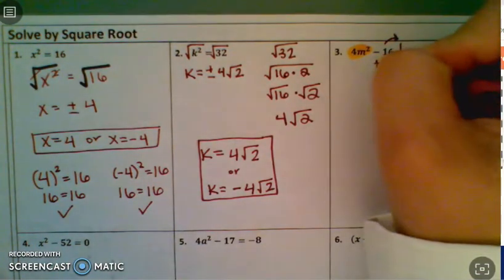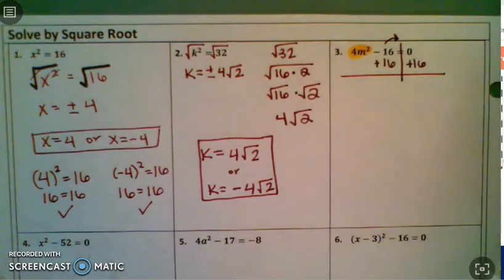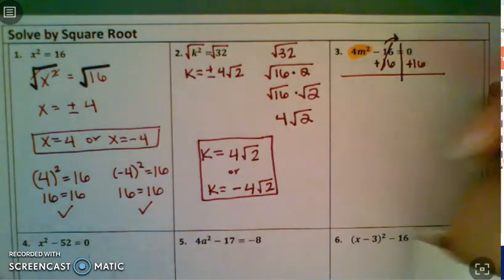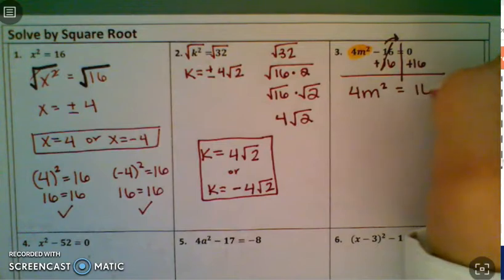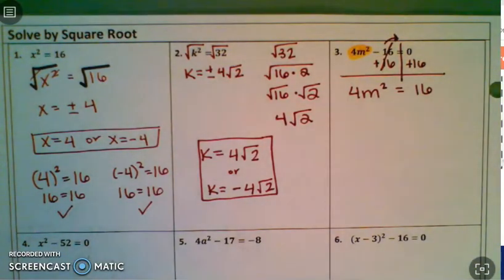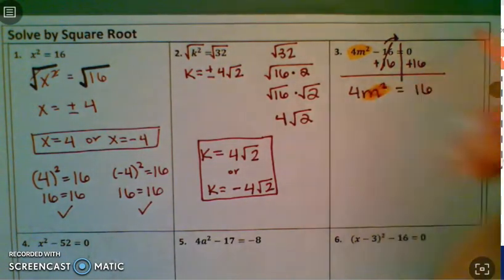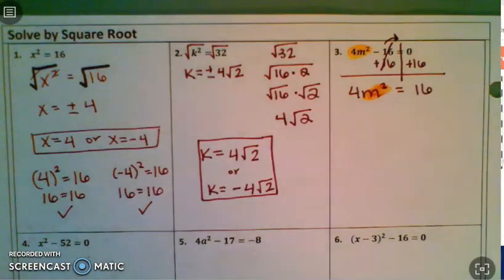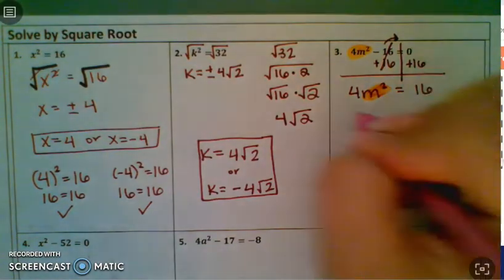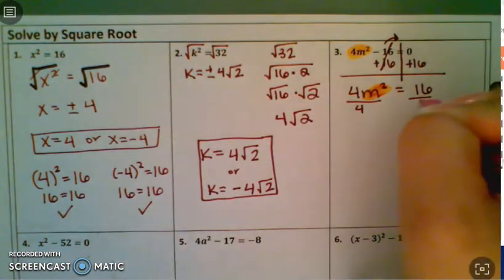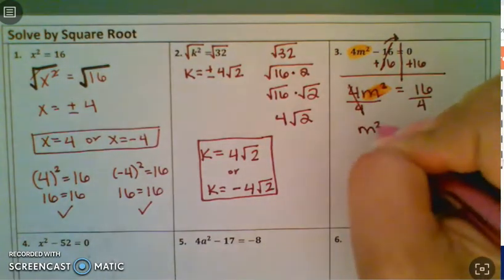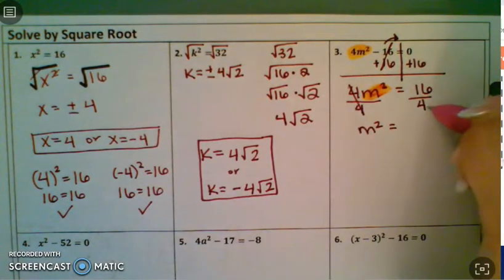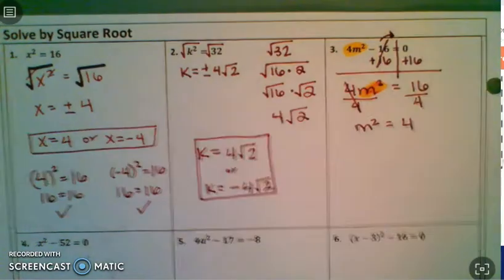So we're going to need to add 16 to both sides, which leaves just the 4m squared on the left equal to 16. But again, we want just the m squared by itself, and it's not. It has a 4 attached to it, so you're going to need to divide by 4 on both sides, leaving you an m squared equal 16 over 4 is a 4.